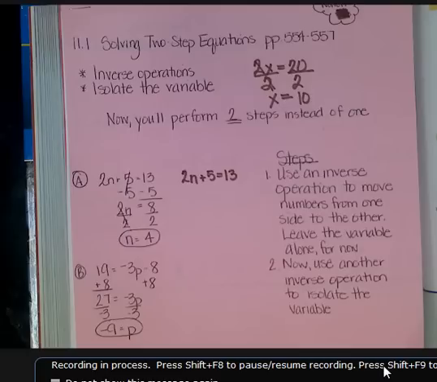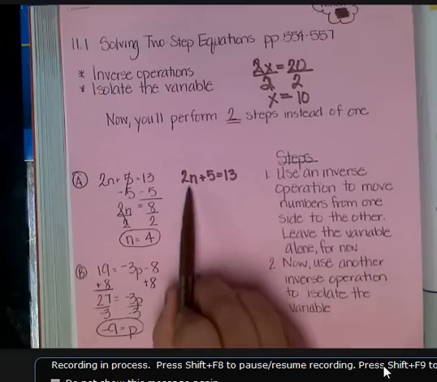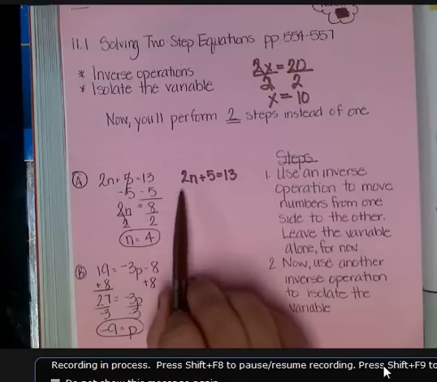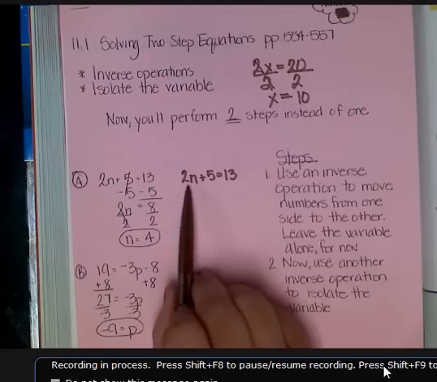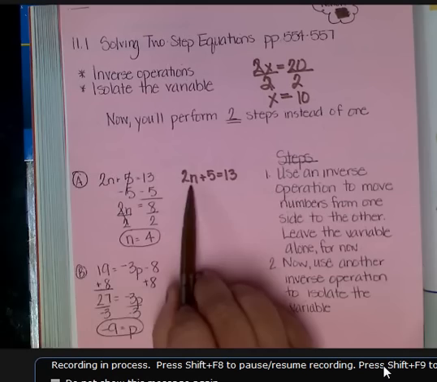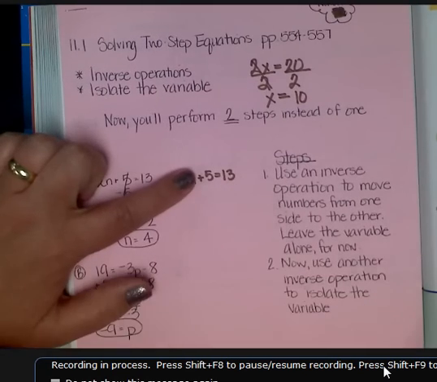Just like our order of operations, when we are doing inverse operations, you have specific steps that you need to follow. The number that is associated with the variable, if they're touching, if they're tied together in whatever way, you save that for last. When you finally isolate this variable, you're going to have your answer. So you're going to cover that part up and not look at it.